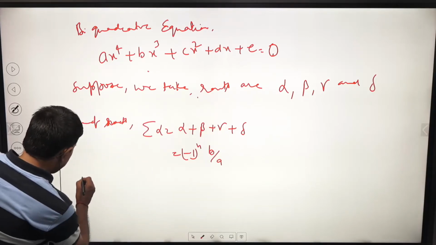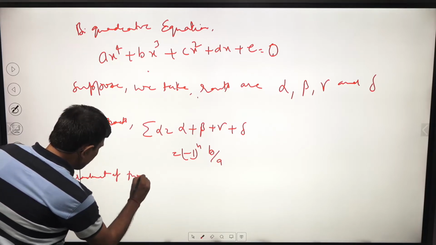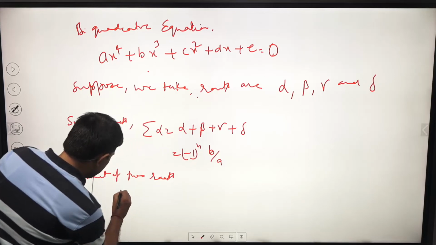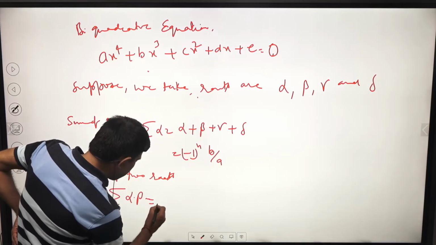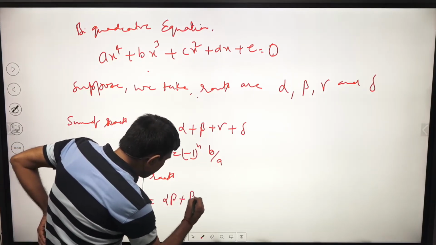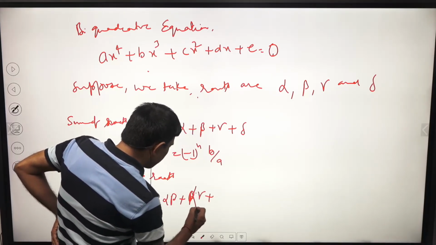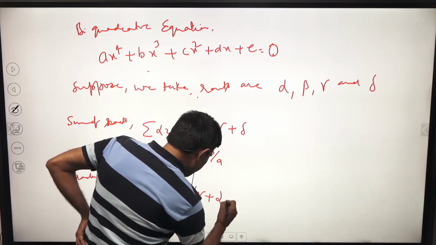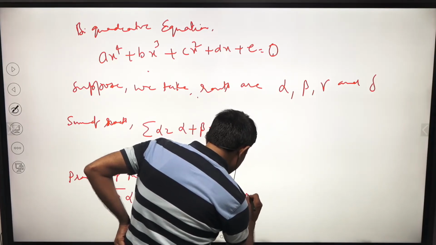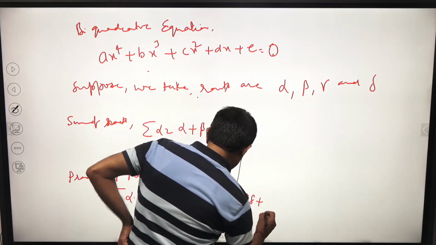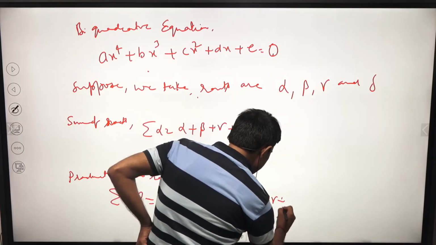So here the product of two roots, that means sigma alpha into beta, we add alpha into beta, alpha into gamma, alpha into delta. Similarly beta into gamma plus beta into delta, plus gamma into delta.